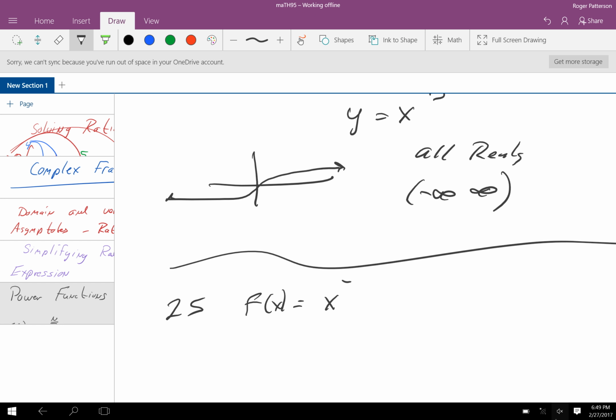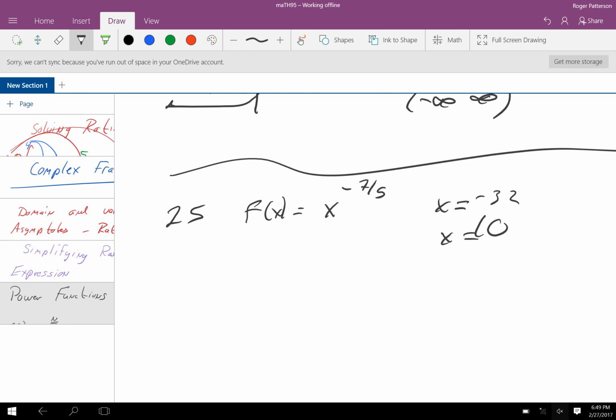Is it 7/5? Yep, negative 7/5. Okay, so then what I'm going to do is go f of negative 32, put that in there. Negative 32, make sure I put parentheses around it. If you use some type of calculator or Desmos or whatever you want, to the negative 7/5.